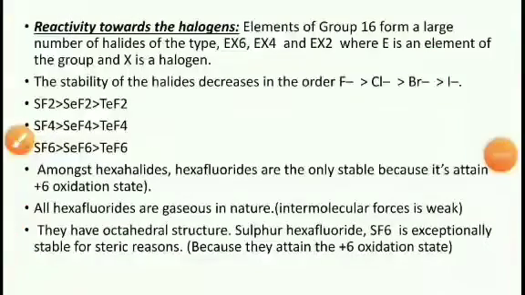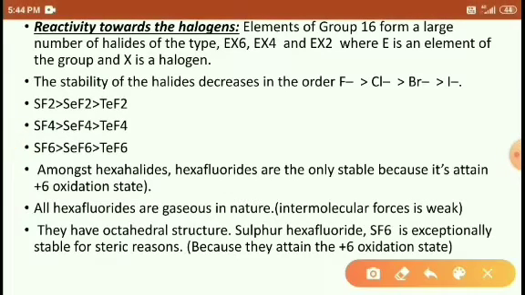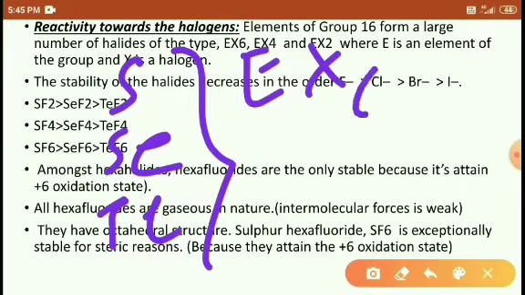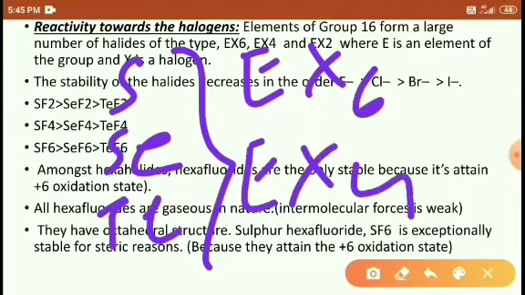Right students? Reactivity towards halogens. The Group 16 elements react with halogens to form hexahalides, tetrahalides and dihalides. Oxygen forms only dihalides, but the remaining sulfur, selenium, tellurium form the hexahalides as well as the tetrahalides and dihalides.